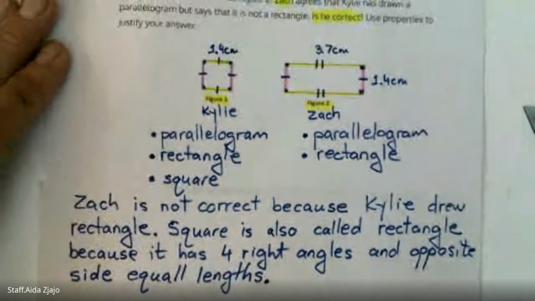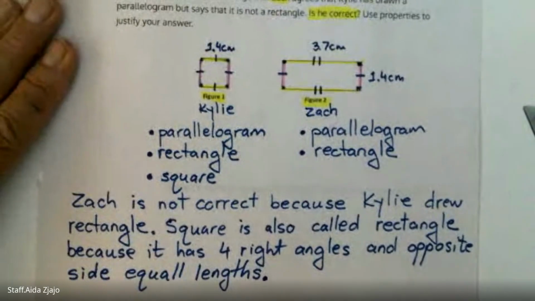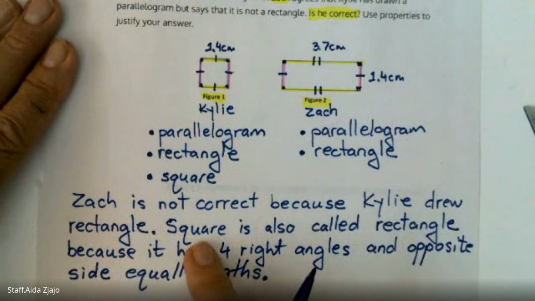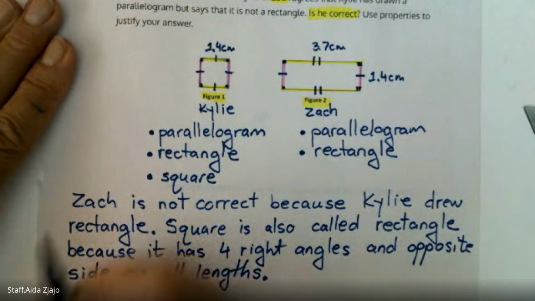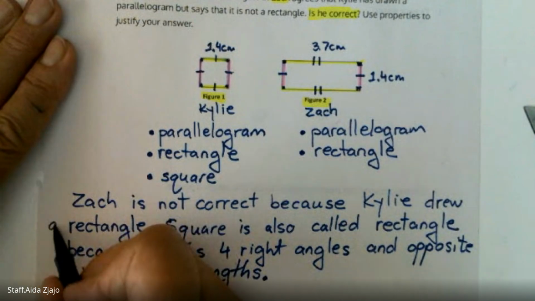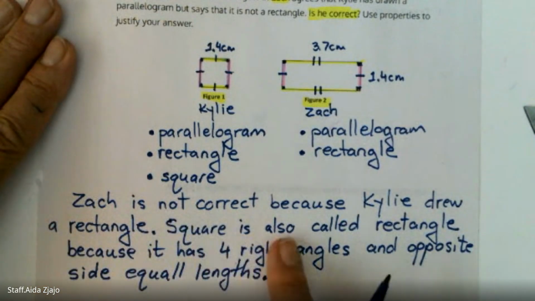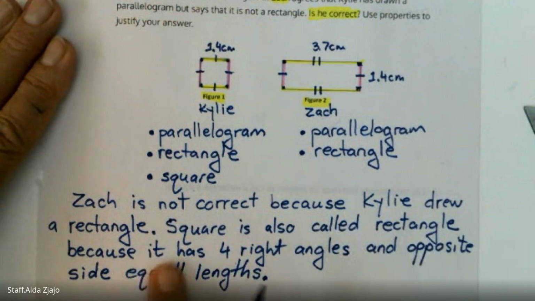All right, let me see if that makes sense. Zach is not correct because Kylie drew a rectangle, a square. A square is also called a rectangle because it has four right angles and opposite sides of equal length.